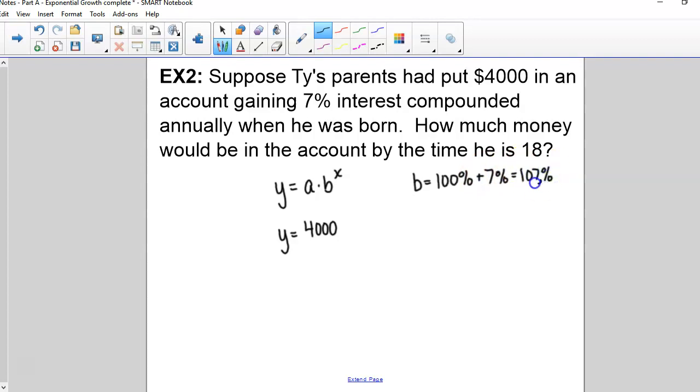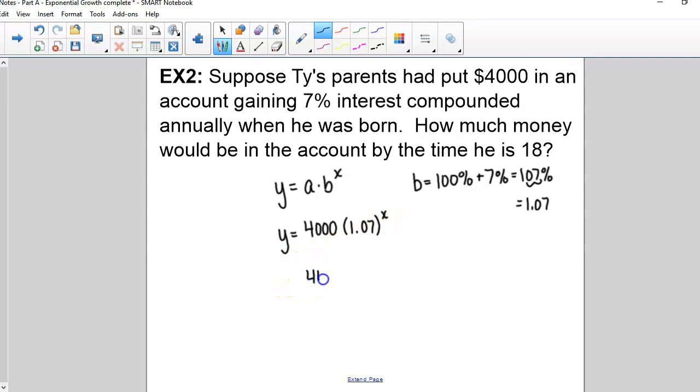And then we've got to change that to a decimal, so we get 1.07, really just like sales tax. Okay? So 1.07. And that'll be to the x power. So this is the equation that we can use for any amount of years. We want to know after 18 years. Okay, so all we got to do is plug in an 18 for that x.